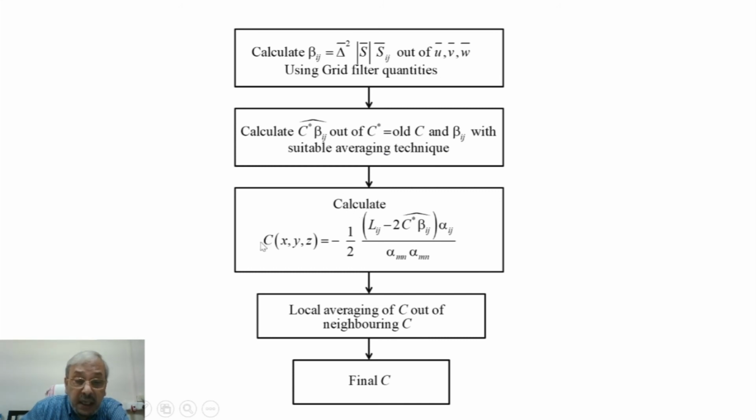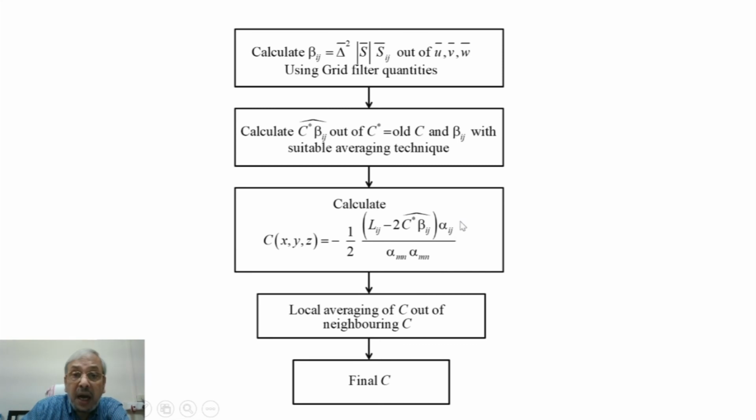From here, calculate the value of C(x,y,z) equal to minus half, Lij minus twice C star beta ij, averaged over the test filter size, alpha ij divided by alpha mn.